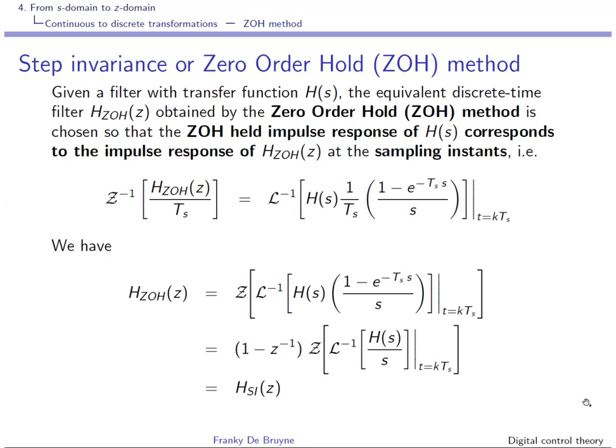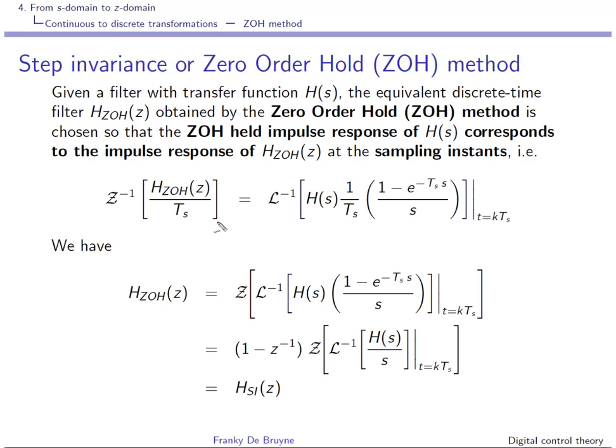We now look at the zero order hold method to obtain a discrete time equivalent, and we will see that it will be equivalent to the step invariant equivalent discrete time description. So the idea here is that the discrete time impulse response, remember that it's a unit area discrete time impulse response, so we have a height of 1 over Ts that is held for Ts.